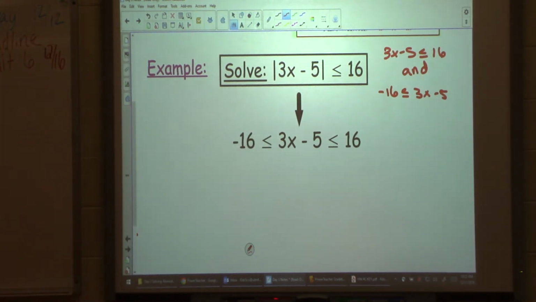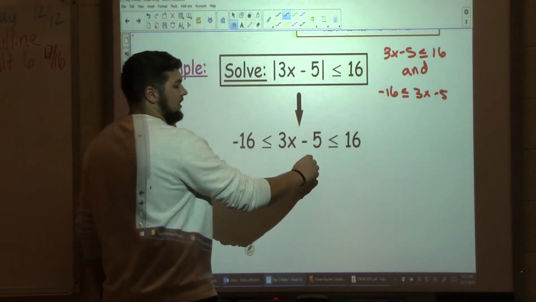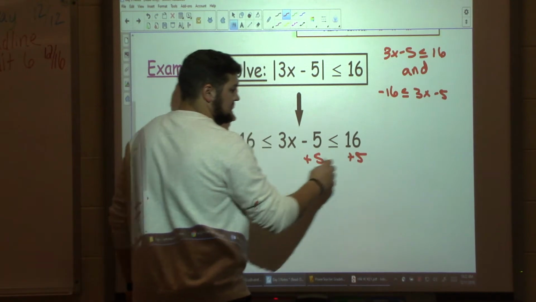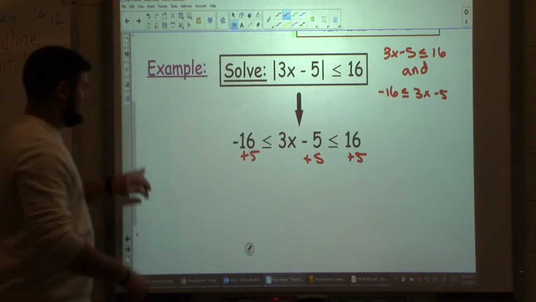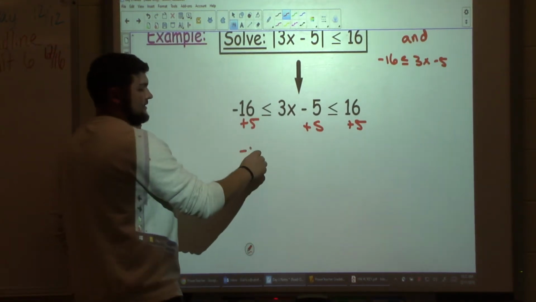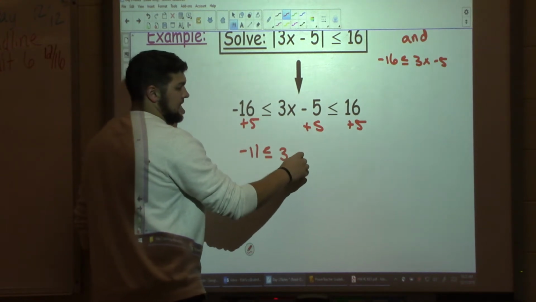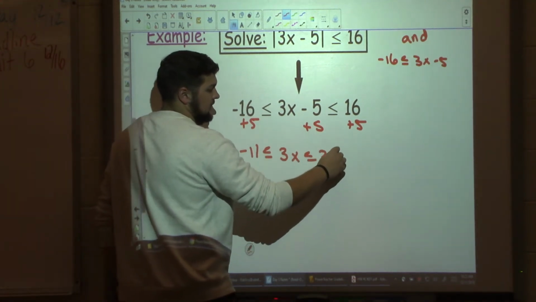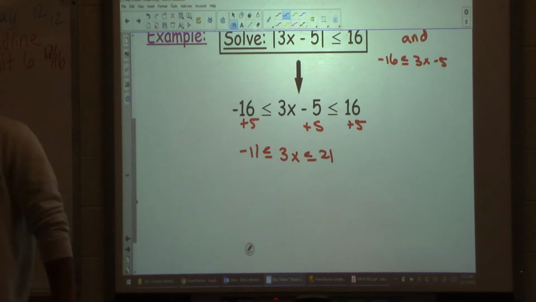How do I solve a compound inequality like this? Add 5 to all of our sides. I get -11, less than or equal to 3x, less than or equal to 21. Then what would I do? Divide by 3.